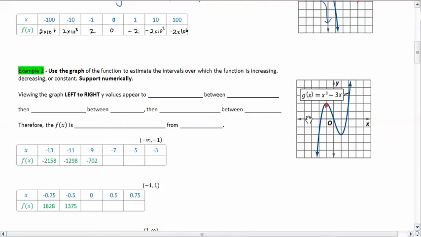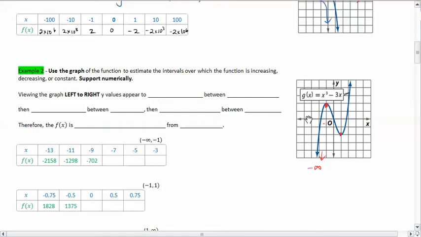Then it looks like we switch back at positive 1. So from negative infinity to negative 1, we're increasing.